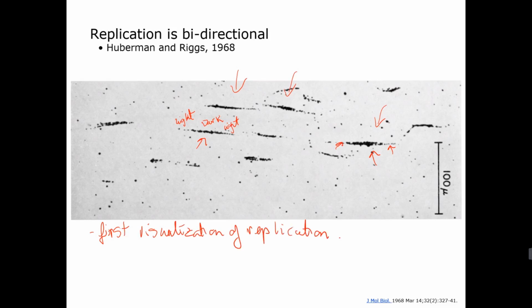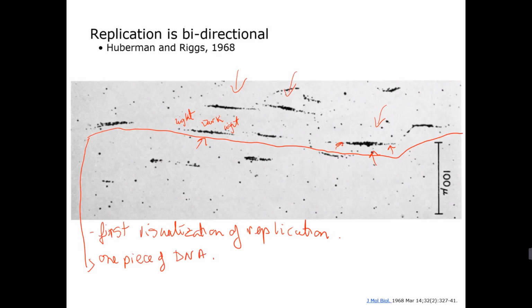And one thing that I want to point out in this picture is that there's actually one fiber that kind of goes like this. So if you follow it all the way through, that's one piece of DNA.